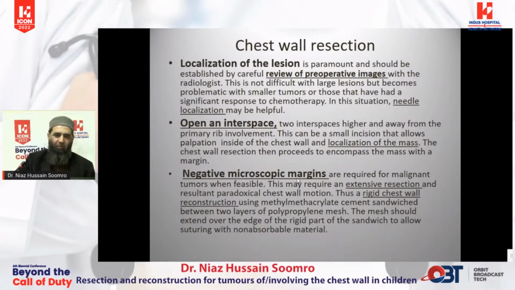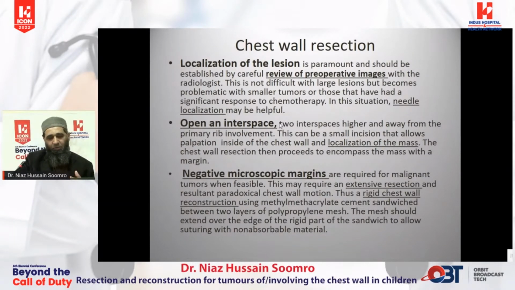Sometimes the patients come after chemotherapy and they respond very well to chemo and regress in size. So it is important to localize the lesion, and sometimes you need to localize it by needle localization with the help of ultrasound or CT guided needle localization. When you operate on these patients, the resection margins are important.